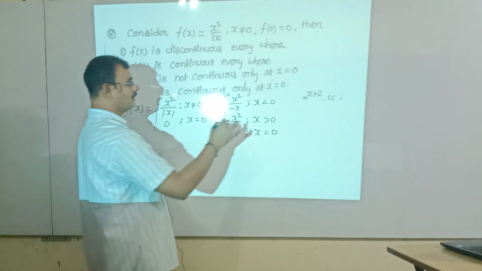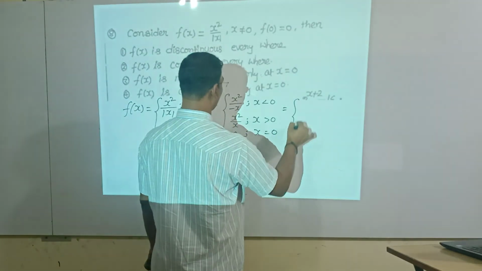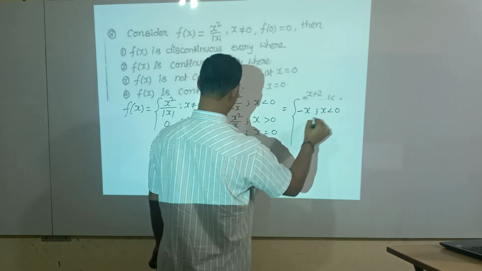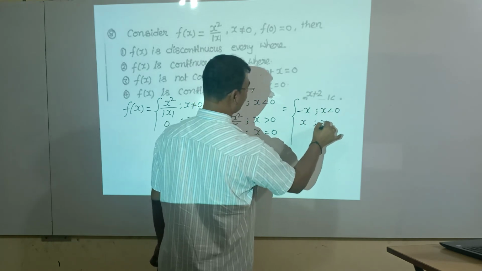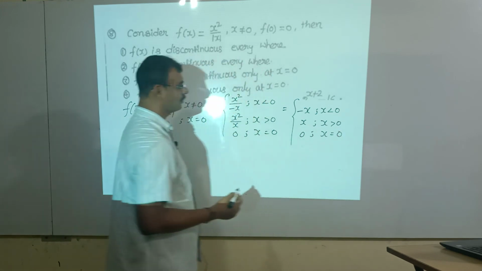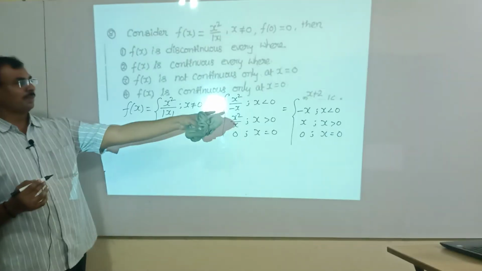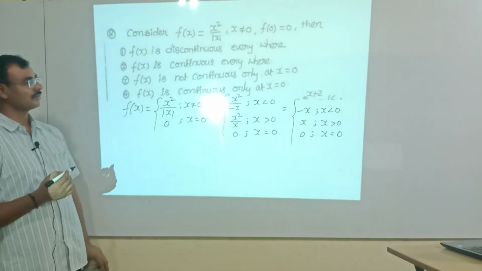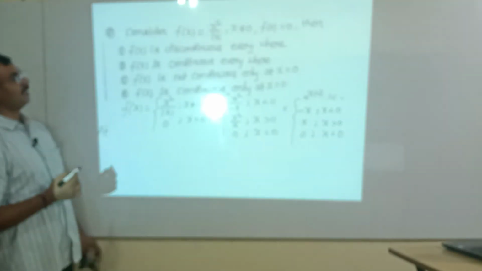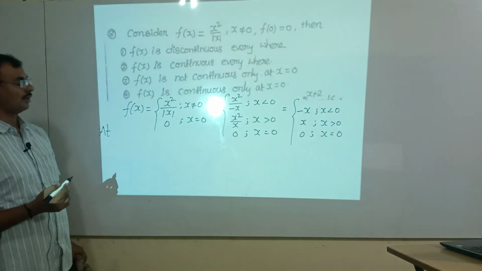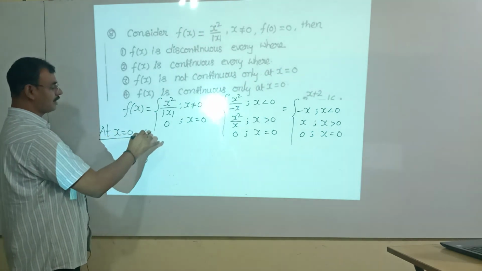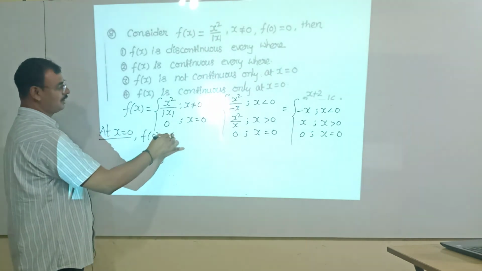Okay, this is nothing but minus x when x is smaller than 0, plus x when x is more than 0, 0 when x is equal to 0. So the simplified function this is only. Now we have to check whether it is continuous or not at x equal to 0. At x equal to 0 already has given f of 0 is 0.